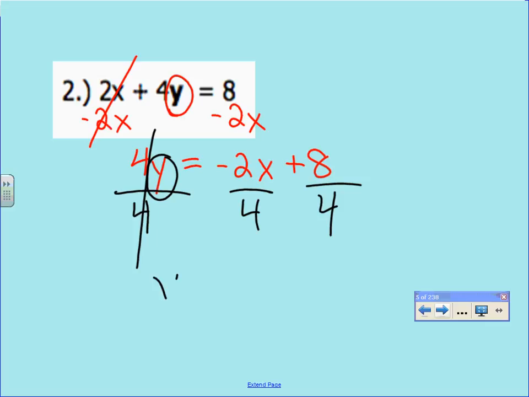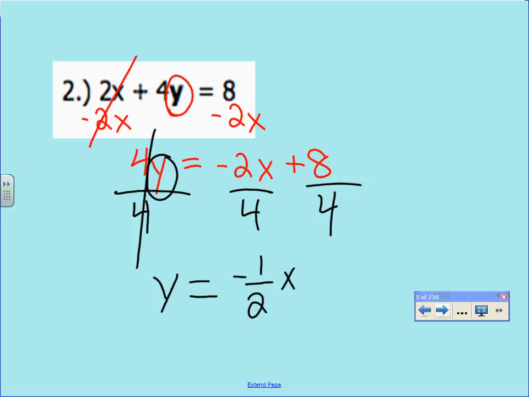We are left with y equals -2 over 4, which simplifies to what? -2/4 is the same thing as negative what? Heather? -1/2. So -2/4 is really -1/2.